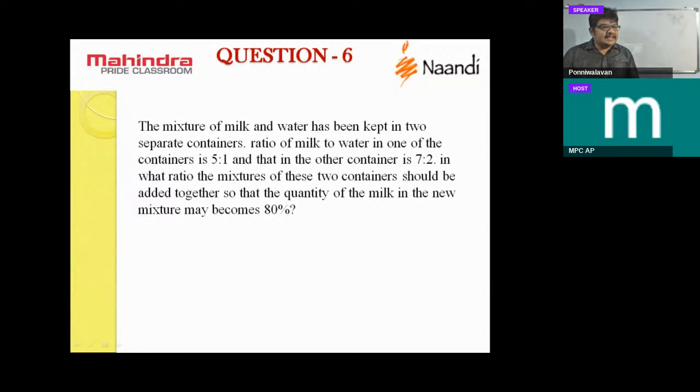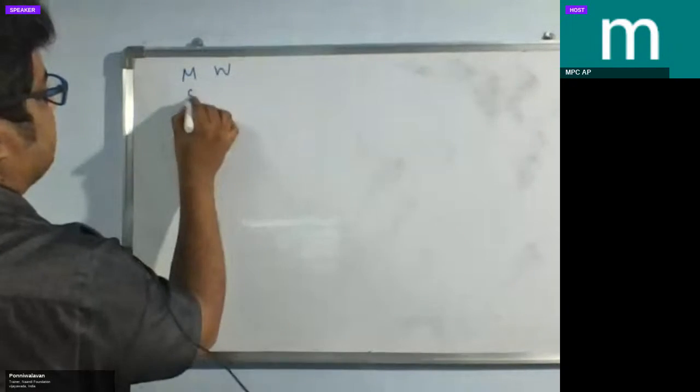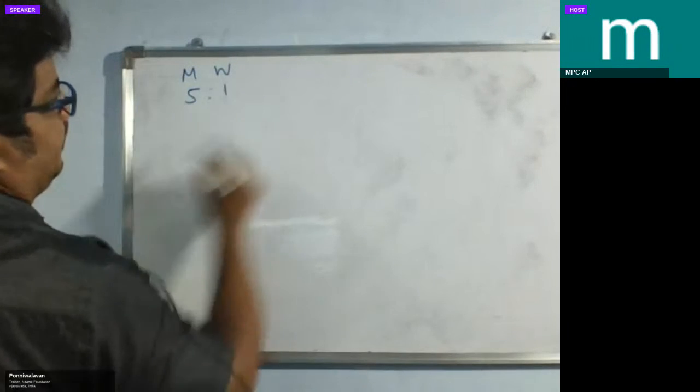Here they are mixing two quantities, or two mixtures? Two mixtures. Okay, listen. Milk and water in the first mixture is 5:1.